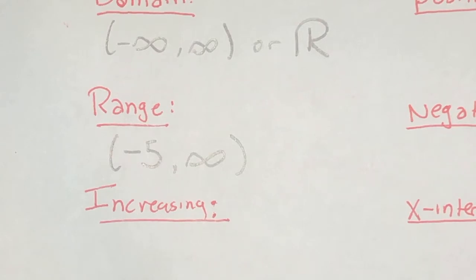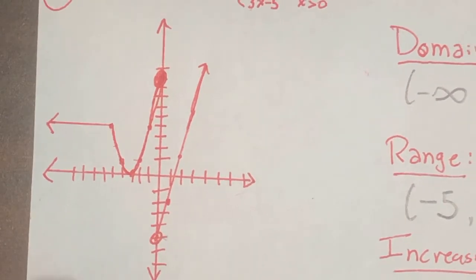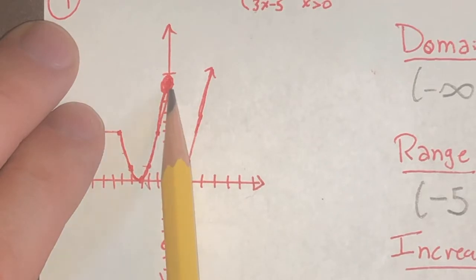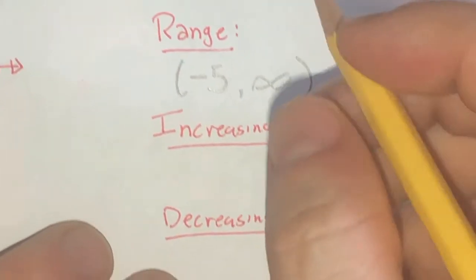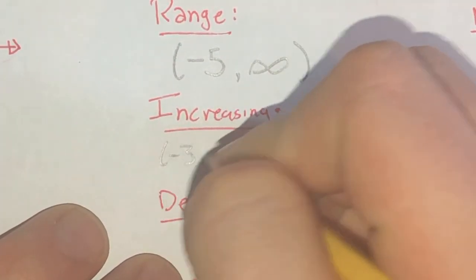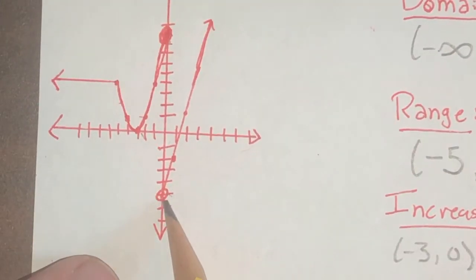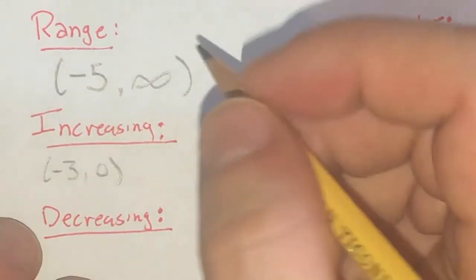Where are we increasing? All right, so we are increasing from a couple points. Negative 3 to 0, we're increasing. And from 0 to infinity, okay?